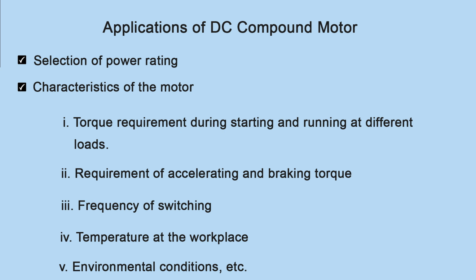So whenever you select a motor which is higher than the rated capacity required by the load, expenditure and losses will be more. On the other hand, if the size of the motor is less than the load to be picked up by it, then it will be overloaded and heated up beyond its limit.